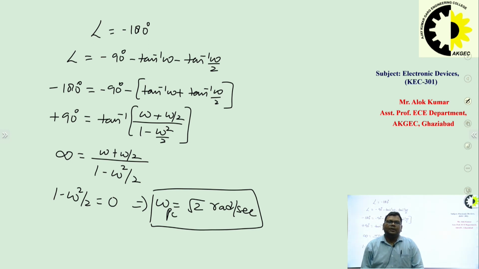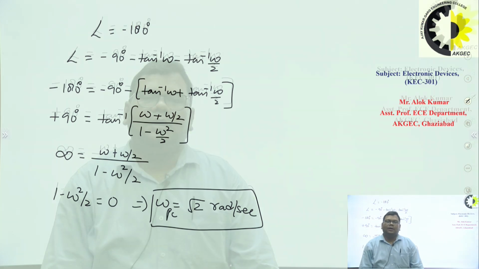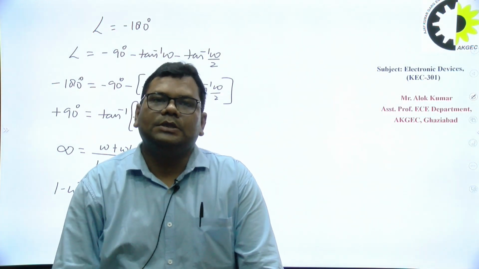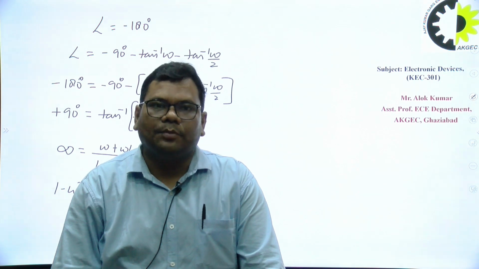For those types of questions, we find the gain margin and phase margin. With the help of gain margin and phase margin, we can then tell the stability of the system. So this is how we can draw the polar plot, which we have seen in this lecture. We will stop here. Thank you.